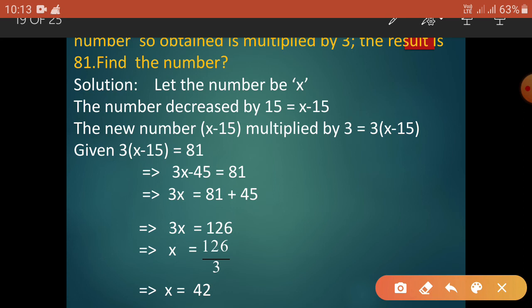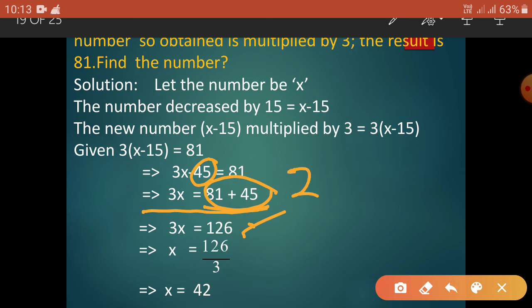Then we are transposing this 45 to the right hand side. So the sign will be positive because here the sign is negative. So we are getting 3x equal to 81 plus 45, so it gives us 126. So 3x equal to 126.